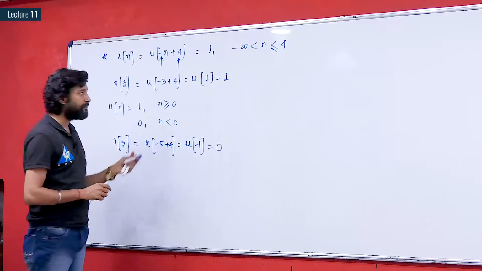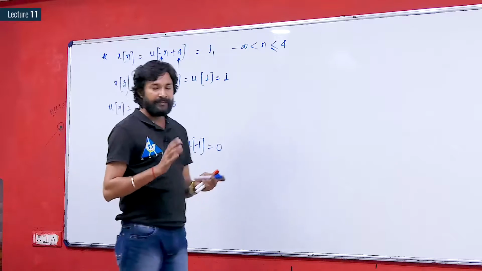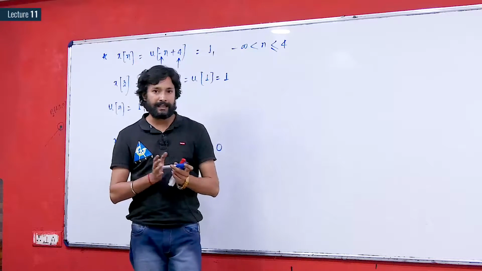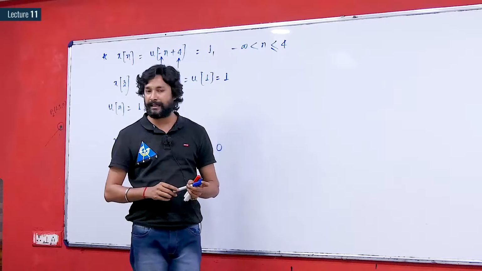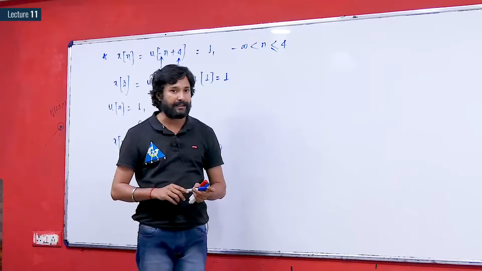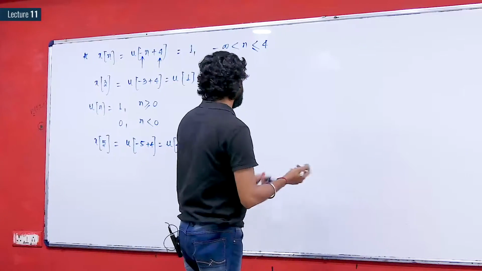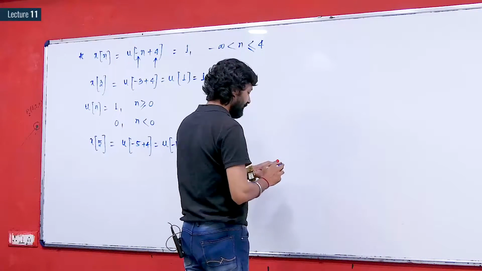As we have seen, any gate function works as a limit changer, and the rectangular function is nothing but a gate function, so the rectangular function will again work as a limit changer. Let us understand this concept by an example.